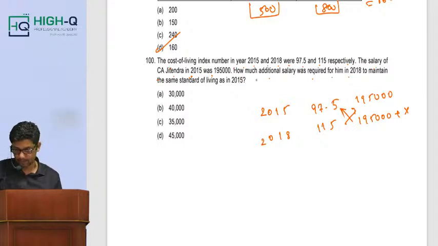7.5 to 105,000. To 500. 9.5 equal to 15.